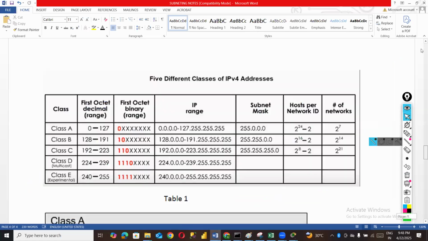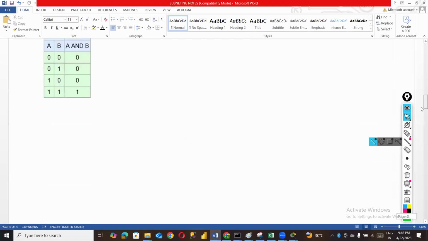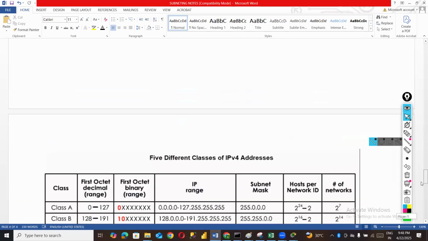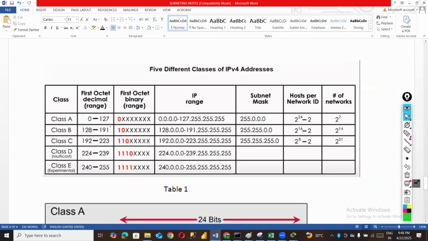Okay, so this is what our IP address ranges look like. Class A, what is the class A range? 0 to 127. How does this range look? 0.0.0.0 to 127.255.255.255, right?